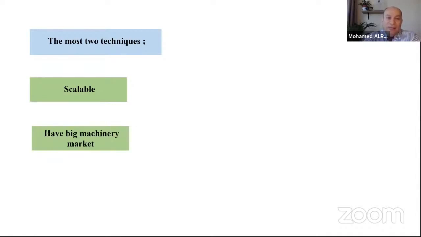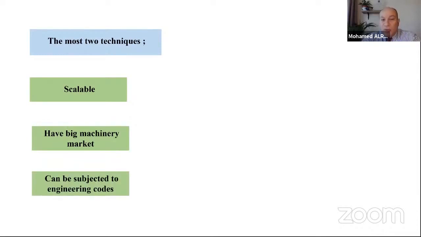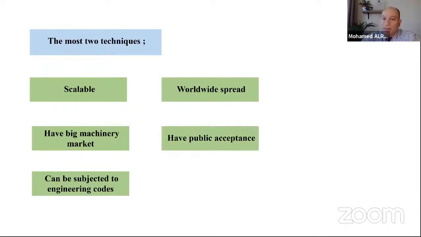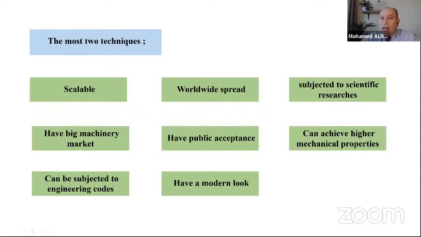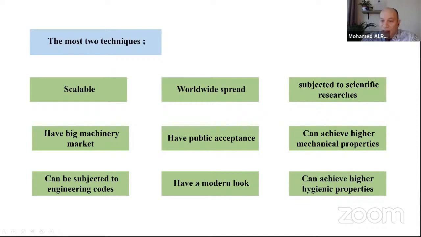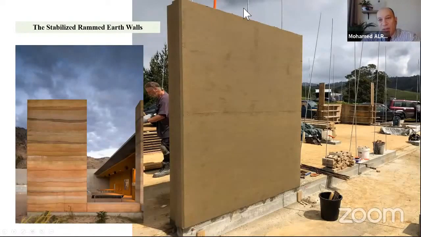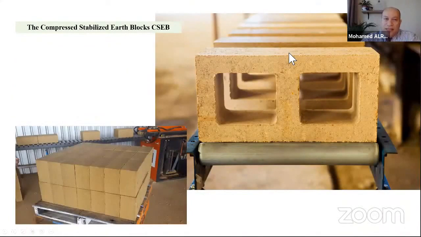They have a big machinery market all over the world, can be subjected to engineering codes and spread worldwide, have public acceptance and a modern look, are subjected to scientific research, and can achieve higher mechanical properties and higher hygienic properties also. Those 2 techniques are the stabilized rammed earth walls and the compressed stabilized earth blocks.